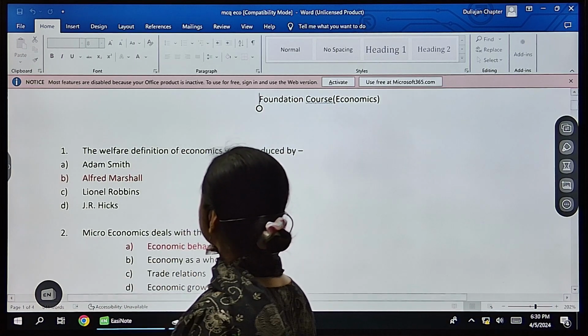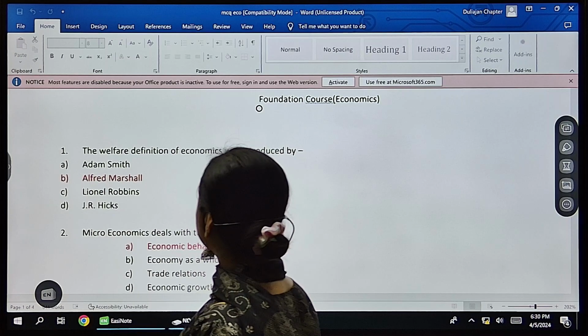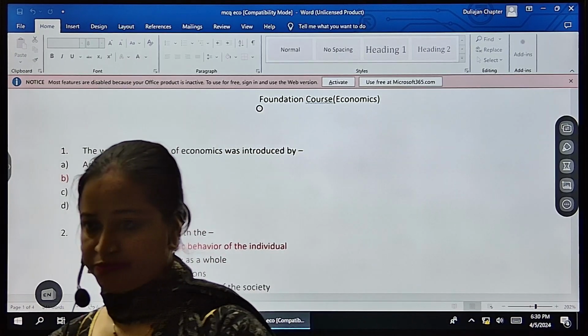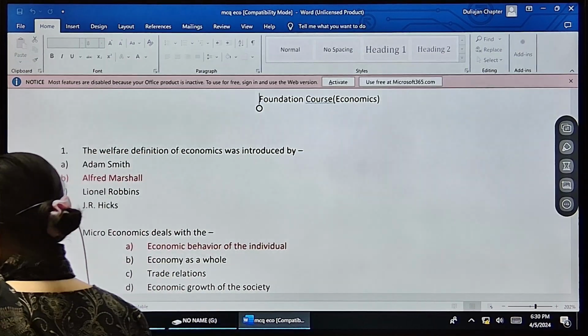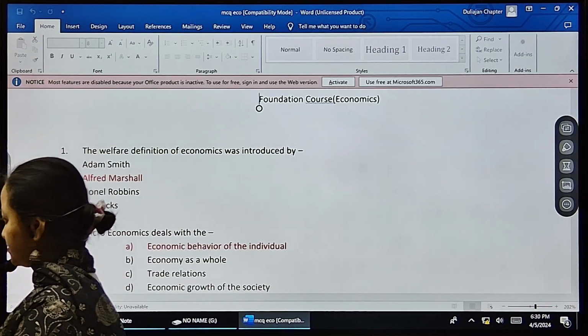So can you see the question here? Yes. So the welfare definition of economics was introduced by, you can write down these questions. Online students, can you see the board? No, ma'am.